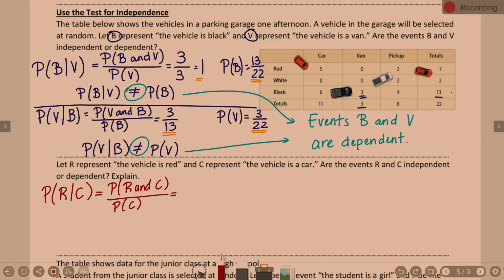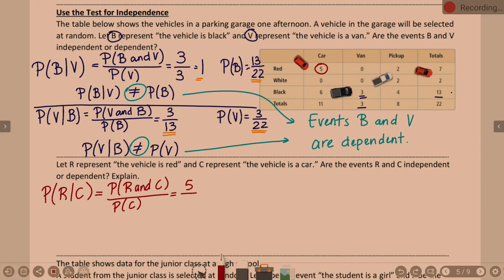What do we have on top here? How many vehicles are red and cars? Red and cars is just going to be 5.